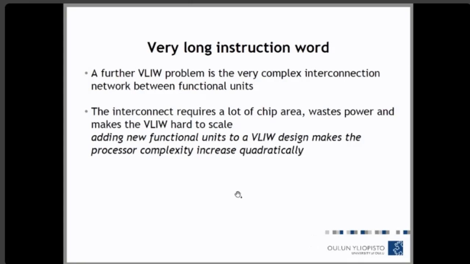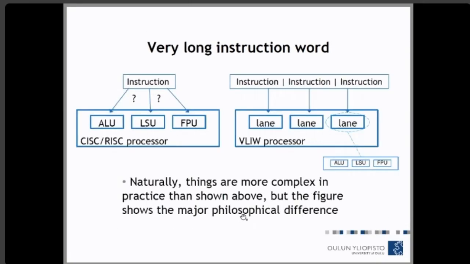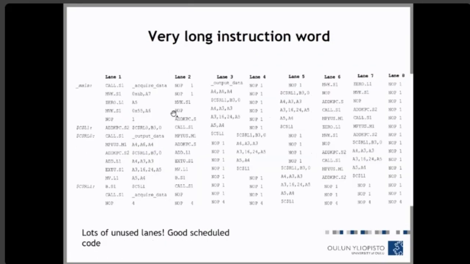So the one problem with VLIW is this situation. Imagine I have some data, let's show it here in this real code. Imagine this instruction produces some data that must be used here in lane 6 by this instruction. I have two options.